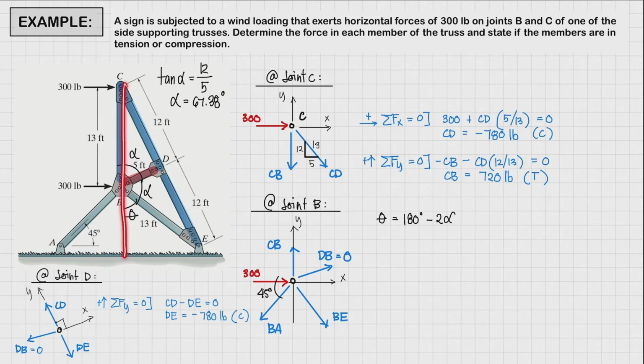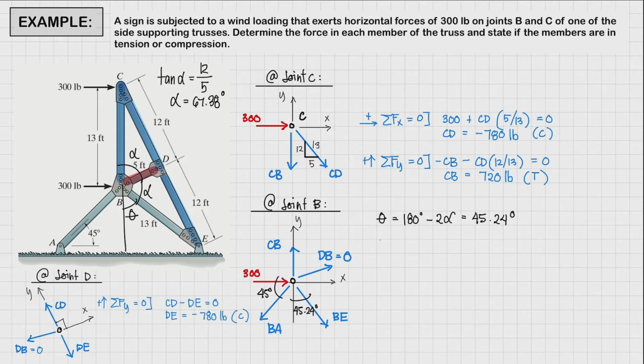Since this is going to be a straight line, so this angle must be 180 degrees. And angle theta is now going to be equal to 45.24 degrees. All right. So let's write it down here. 45.24 degrees.